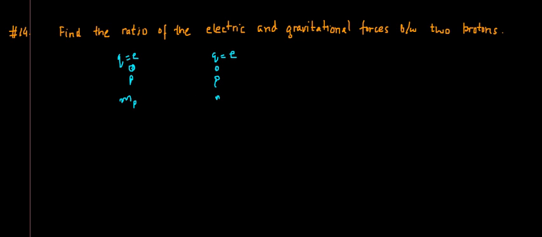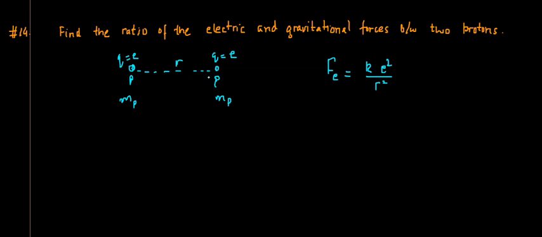I could write this is the mass of a proton. So because of the charges, there's a force of electrical repulsion between them, and that electrical repulsive force is simply k times q into q. That's e squared divided by r squared, if you assume r is the distance between these two protons.